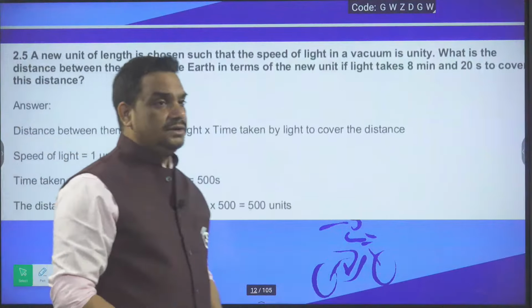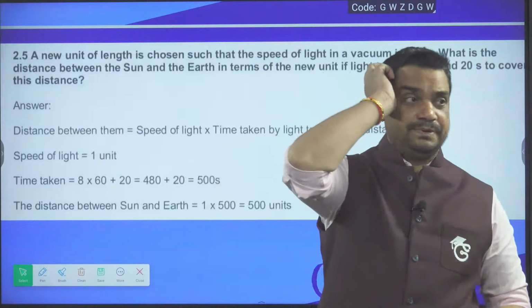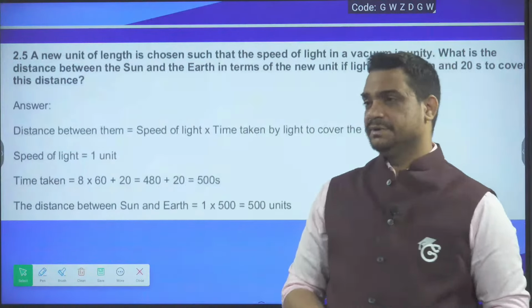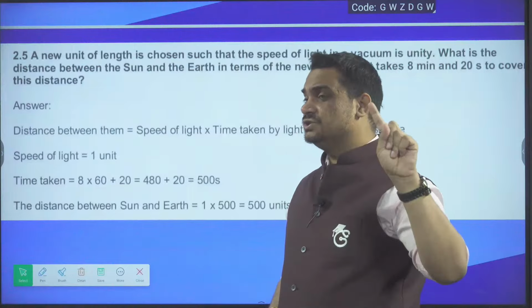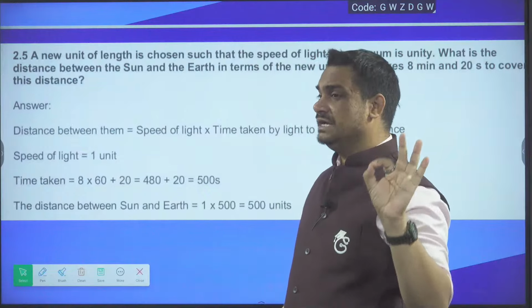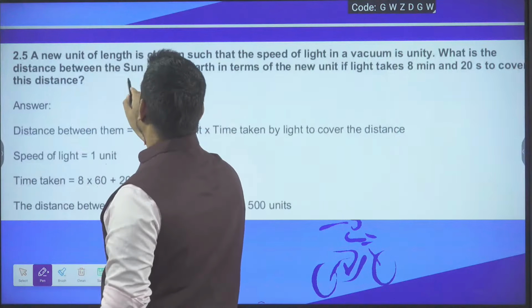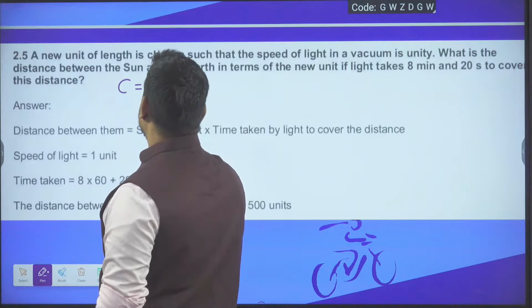This is again a question from NCERT, I think, not exemplar. A unit of length is chosen such that the speed of light in vacuum is unity. They are asking about the speed of light, that is c. c is taken as 1 unit.